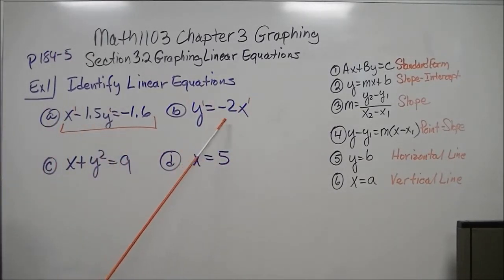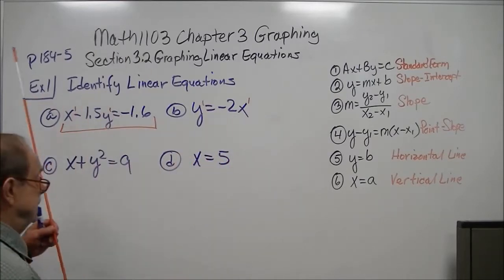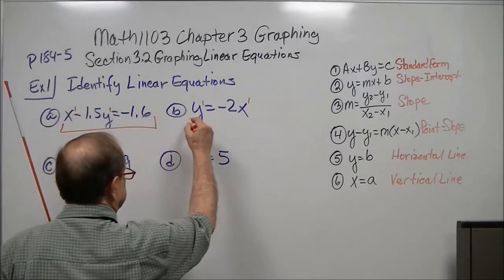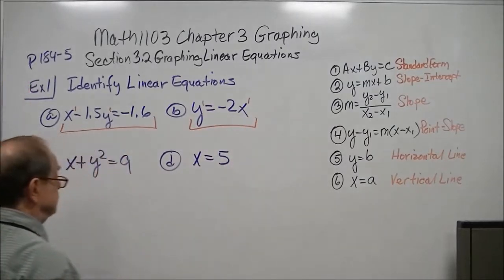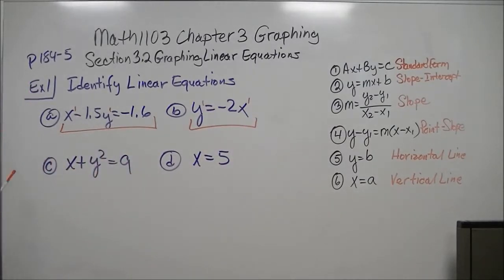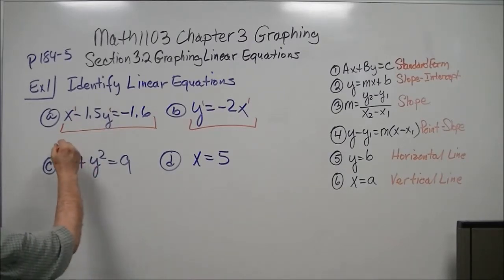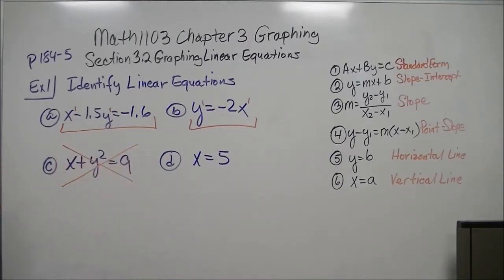And this is in slope-intercept form, and that is linear. But as we look at example C, we see we have a y to the second. Our exponent is not 1. So this is not an example of a linear equation.